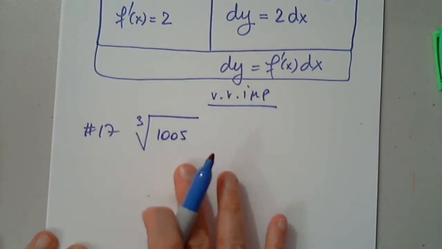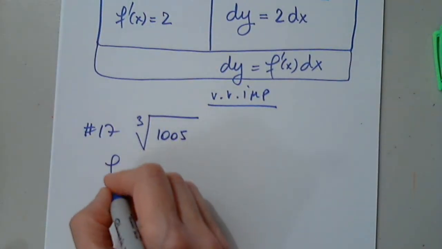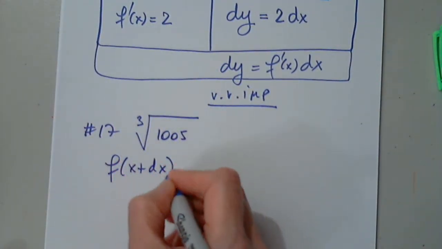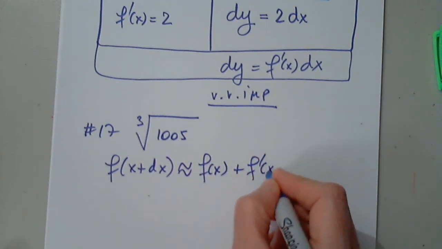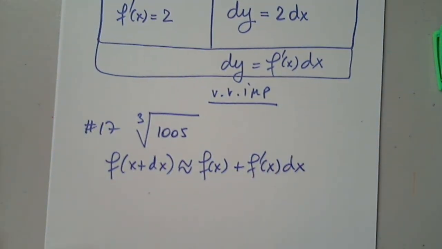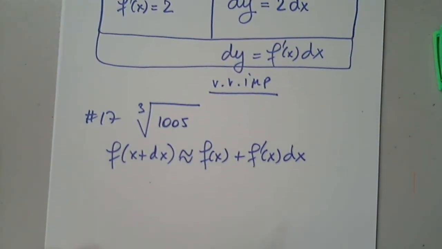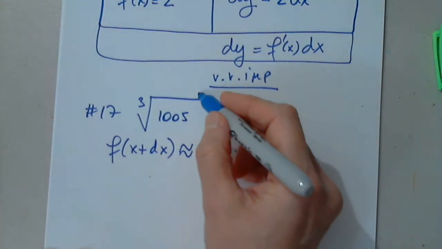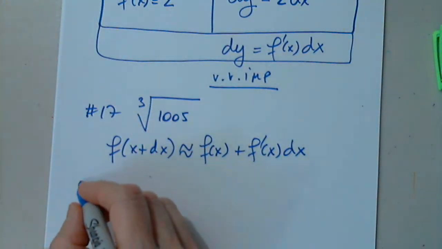And the moment I'm asked to do that using differentials, I will write my formulas. And this is the only one I need. You can ask how this is related to that. In a moment, you'll see. So let's take a look at this and identify a function.